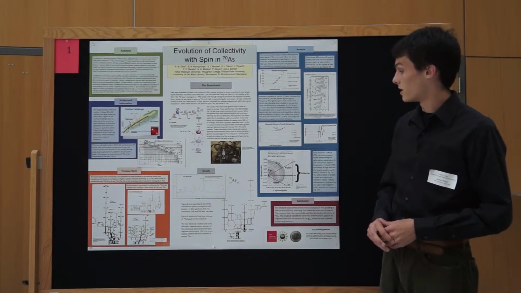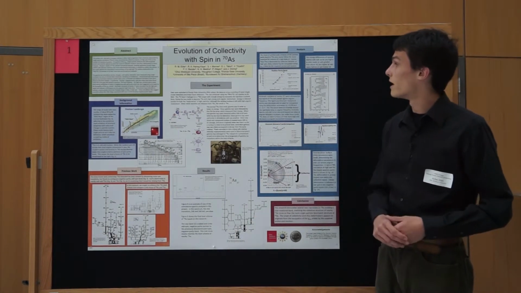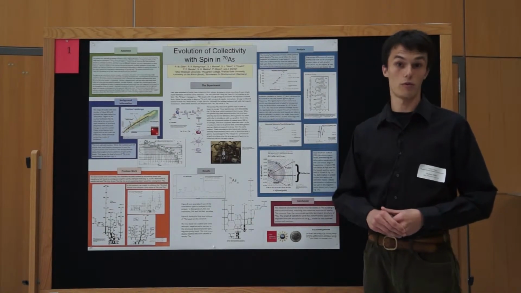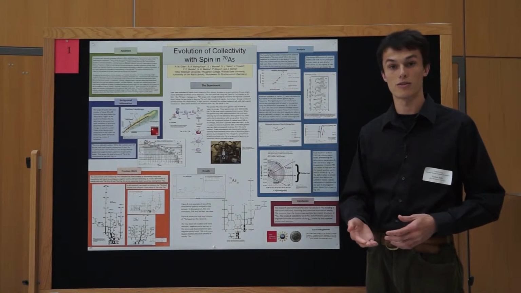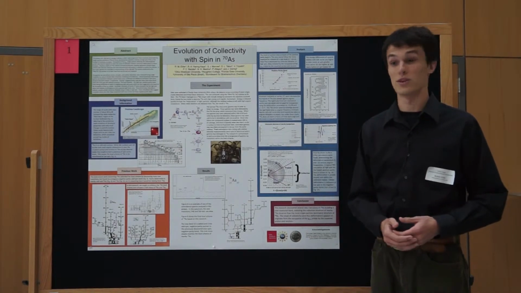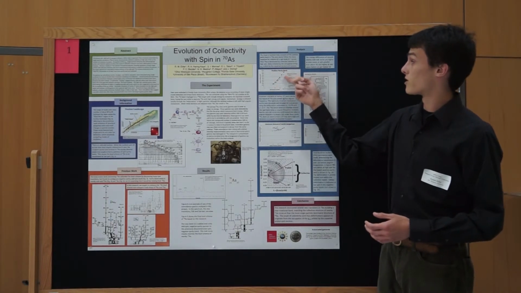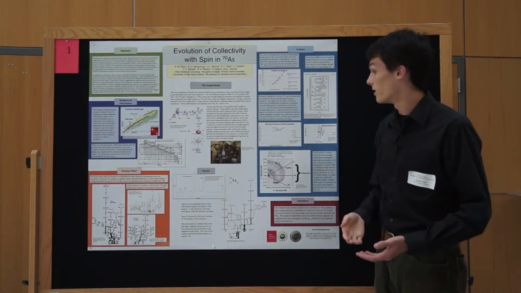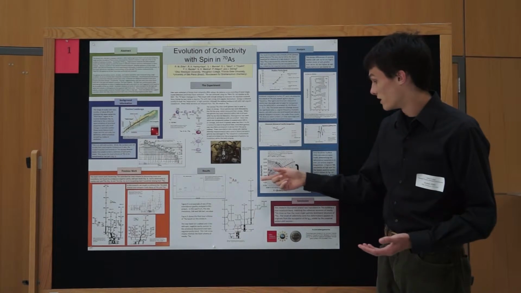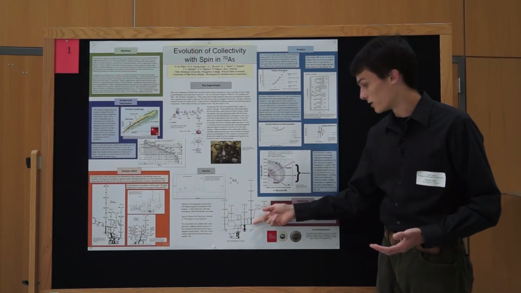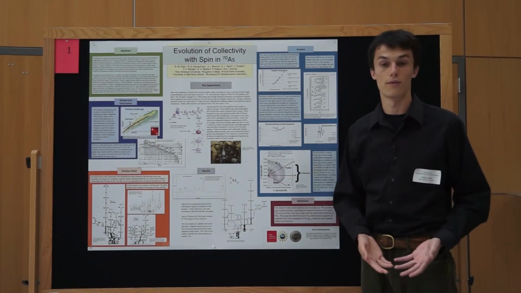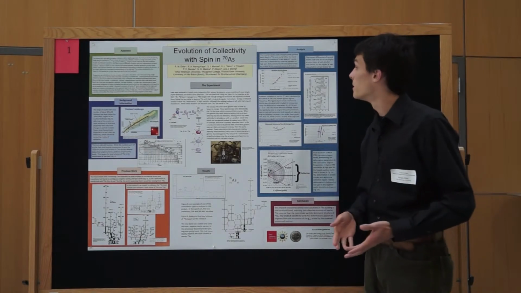We compared the evolution of states as spin increases to what theory would predict for a rotating rigid object. And this is what we see here. As we can see, the trend seems to follow that theory rather well. So we can conclude that these bands in Arsenic-70 are due to collective rotations of the body of the nucleus as a whole.